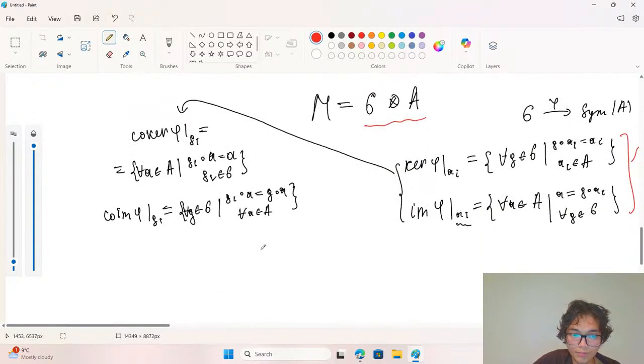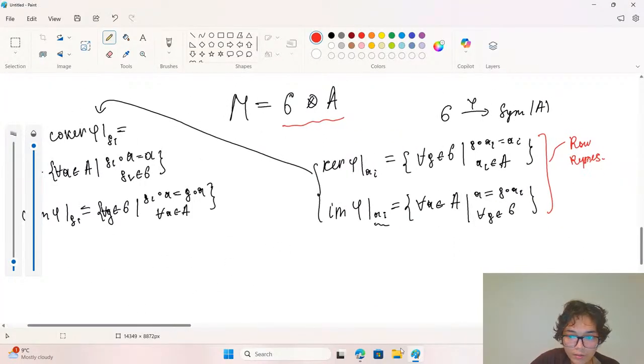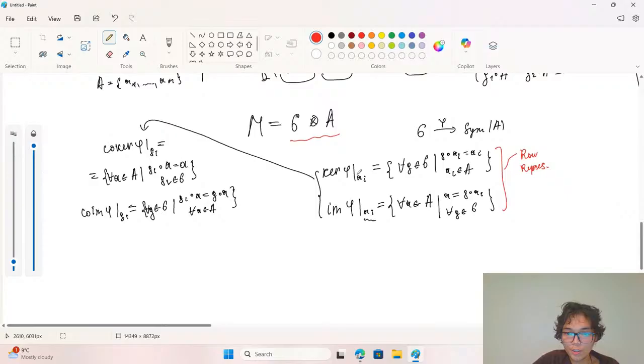I didn't check whether the co-image is a subgroup of G. If it's a subgroup, it must contain the identity element. Does it contain the identity element?